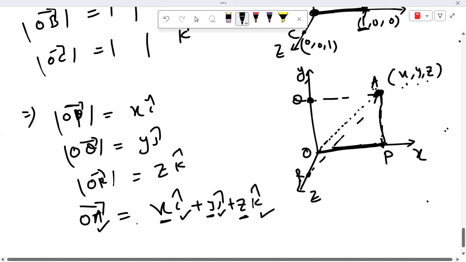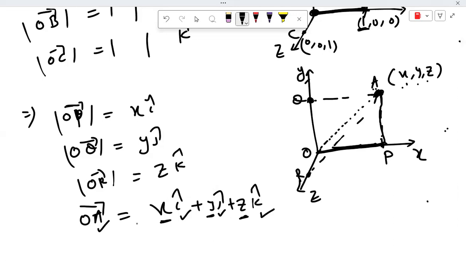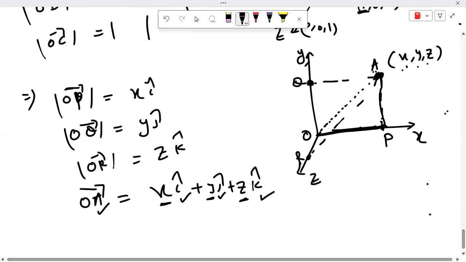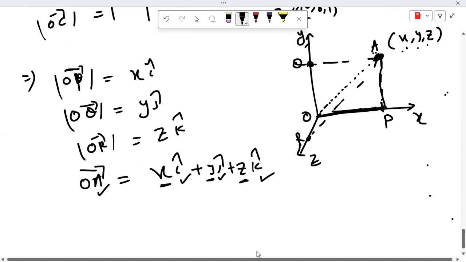Yes or no? Yes, sir. This is known as components of vector.